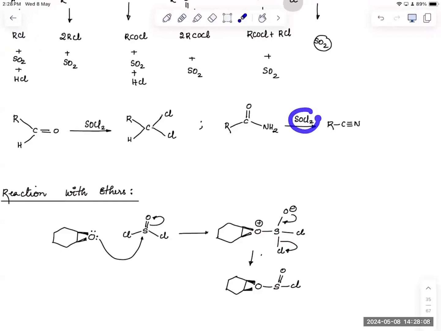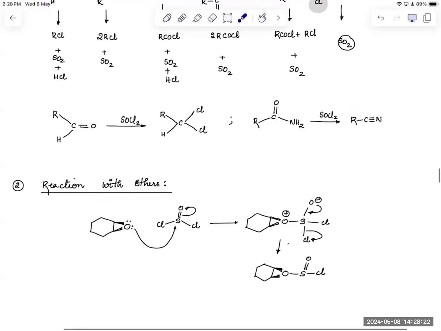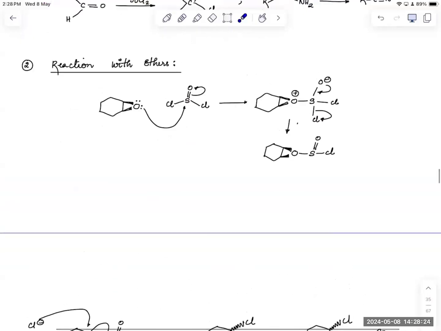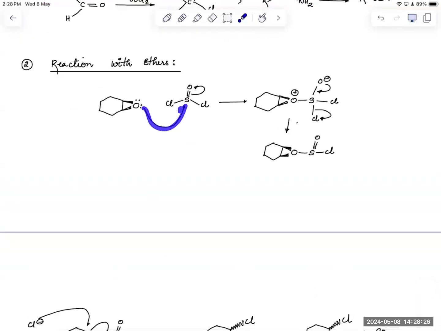In the case of amides also, same logic as PCl5, here also it will go for dehydration. This H and O will come out two times. Therefore, we'll get RC triple bond N. Reaction with ethers, same logic. O will attack here first, we will get this, and the double bond will close. Cl minus will come.